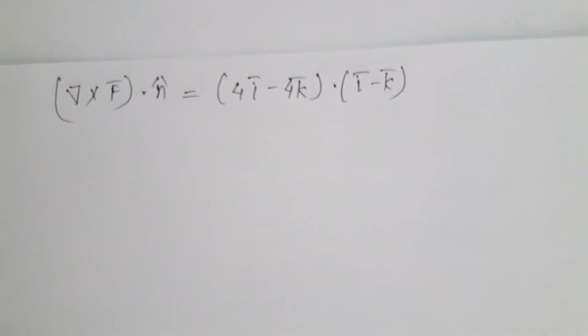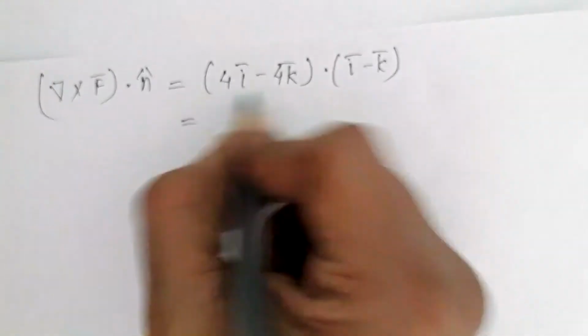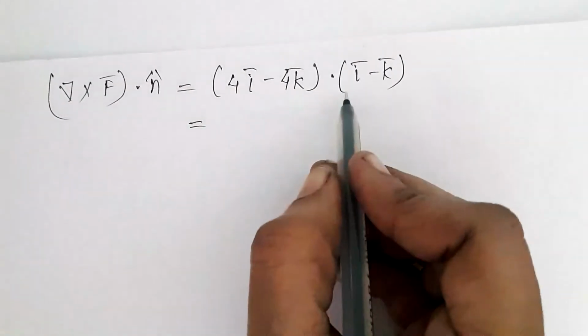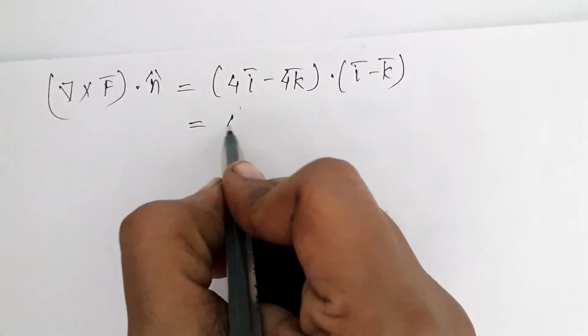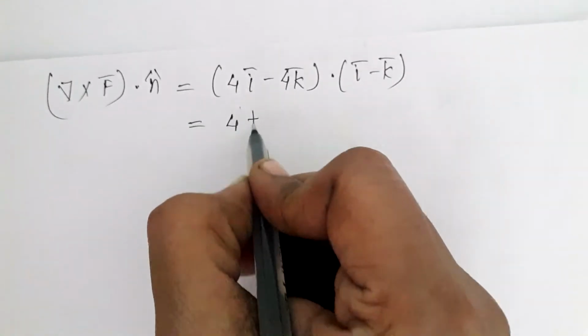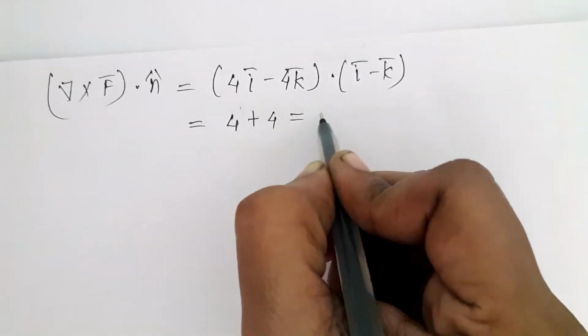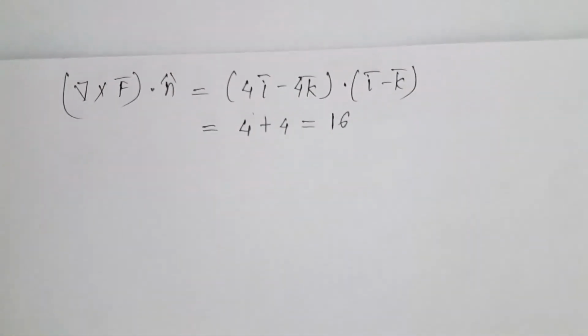Find the dot product of these two vectors. It is 4 multiplied by 1, which is 4, minus 4 times minus 1, which is plus 4. So it is equal to 8.